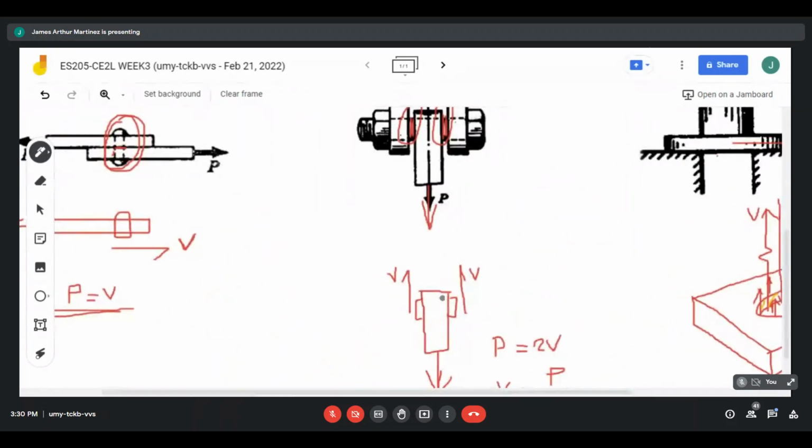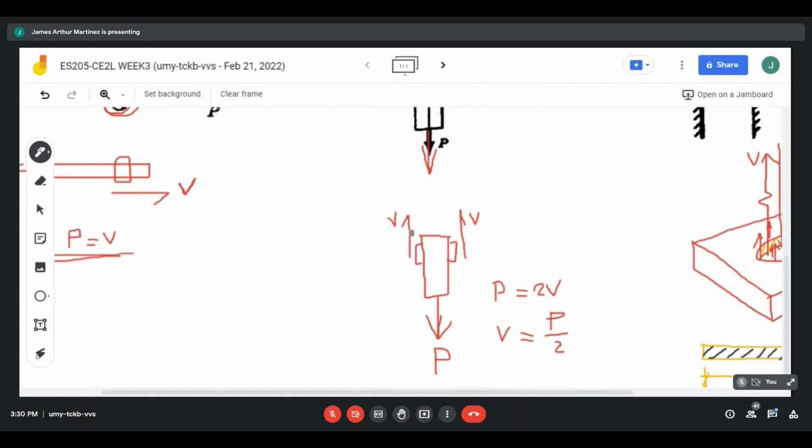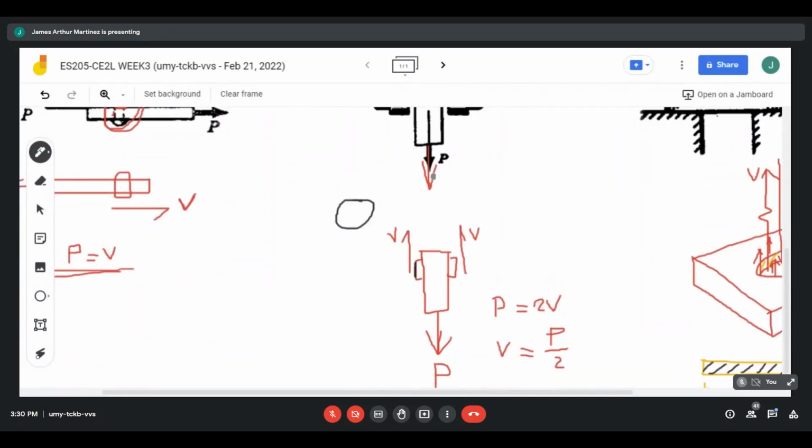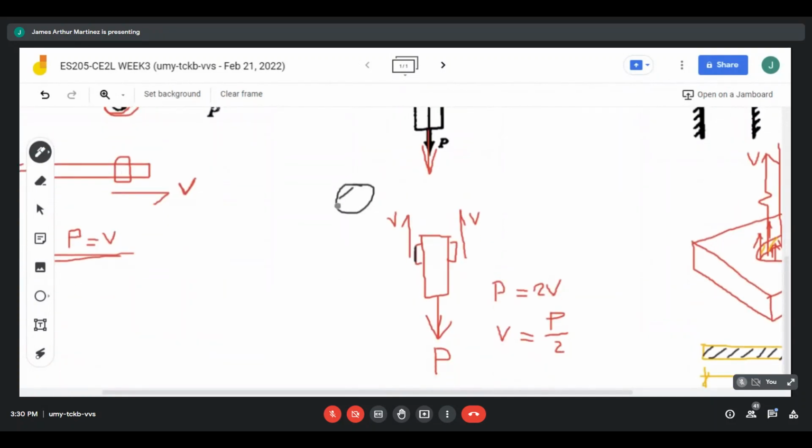Okay? And then on this part pod, kang double shear, so if mo niya nga to ang shear force, then if ang parallel atong i-consider, so kani siya nga area, meaning it's just the cross-sectional of your bolt or your pin or if unsa na siya na object ang naa dinha. So in this case, it is a pin.